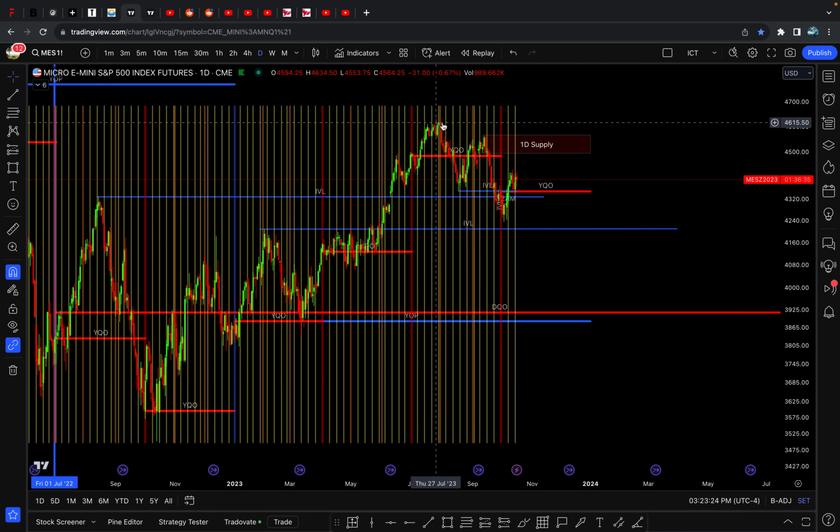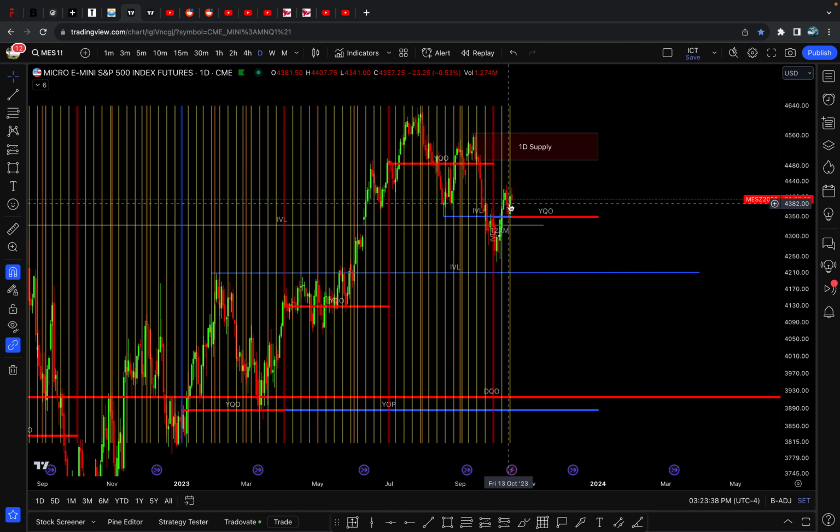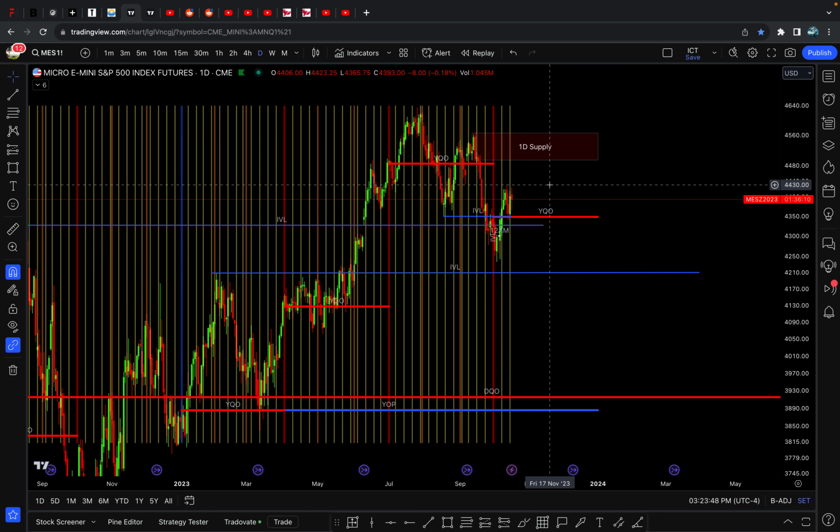Like I said, this could be our high, and then we close somewhere here, I expect, and then we go from there, and we let price develop. But right now we are where we are. Like I said, I expect the price to go up, tap into that quarters theory level that I showed you earlier, and basically that's where we are now.